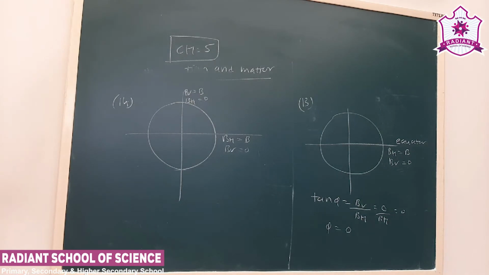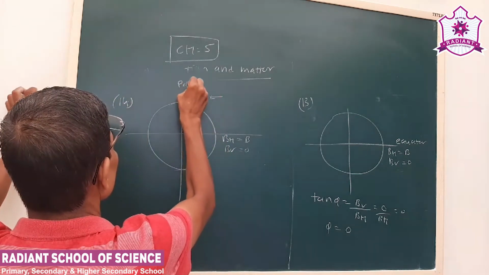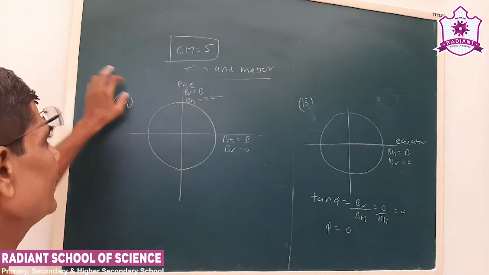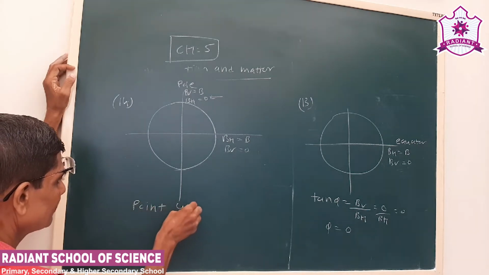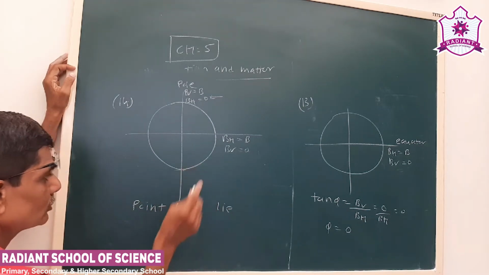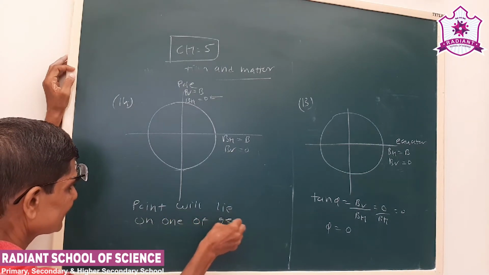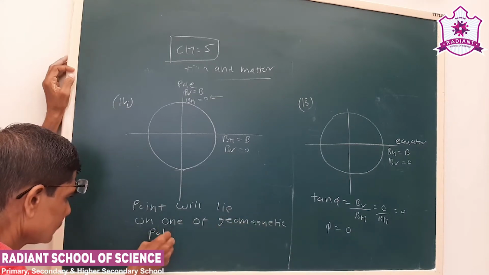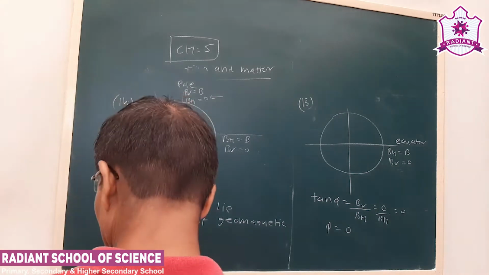Now the question: where the horizontal component of the Earth's magnetic field is 0, this lies on the pole. So the place where the horizontal component is 0 will lie on one of the geomagnetic poles. Okay, so that is our MCQ number 14.